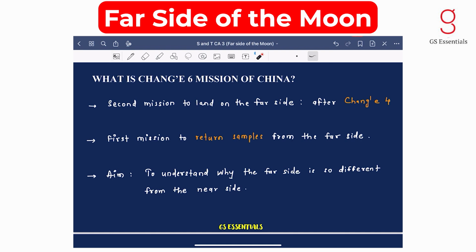But under the Chang'e 6 mission, samples will be brought to Earth from the far side. And that is the important point. Based on the analysis of these samples, we will be able to understand why the far side is so different from the near side, and that is the scientific goal of the Chang'e 6 mission of China.